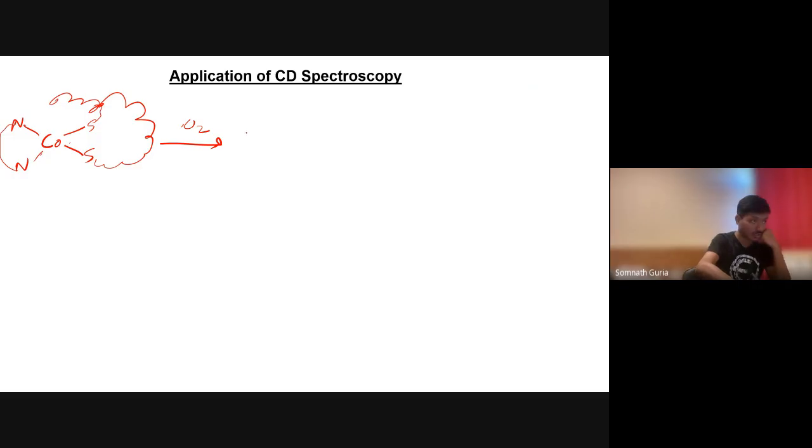Initially, this sulfur becomes oxidized to this sulfate, and then if you keep this solution overnight, there is another brown color solution.